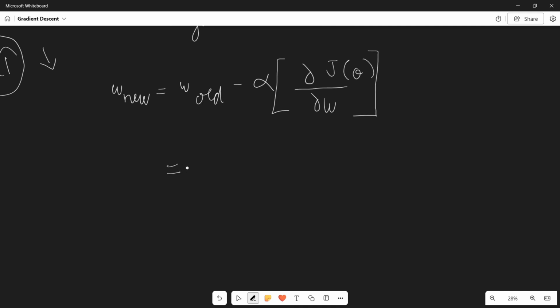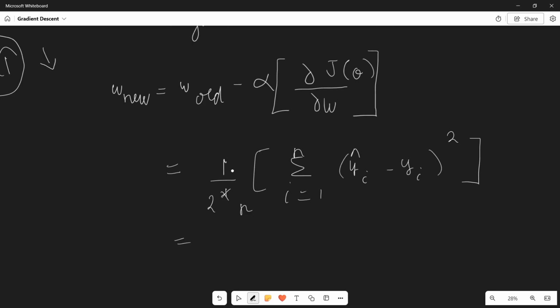Calculating further, we can leave all this and I will just calculate the differentiable part. J of theta is given as 1 by 2n, summation i equals 1 till n, of y i hat minus y i, the whole square. This 2 will come to this side, since the derivative of x power n gives n x power n minus 1.